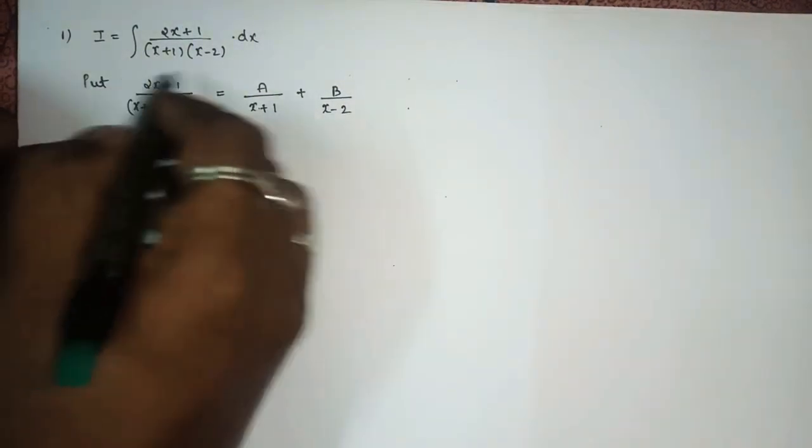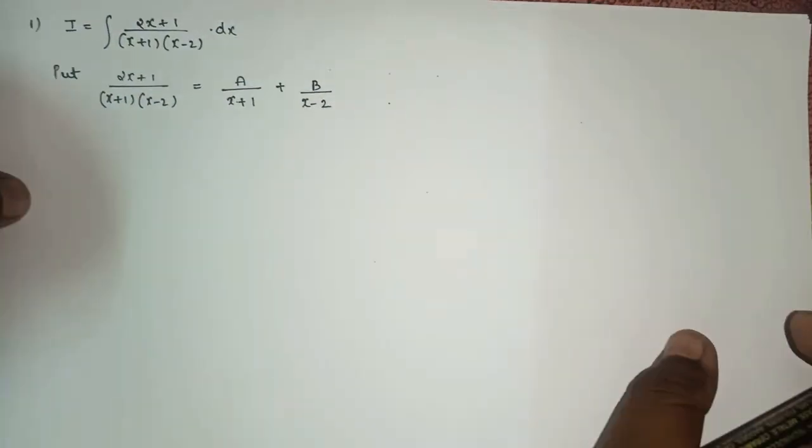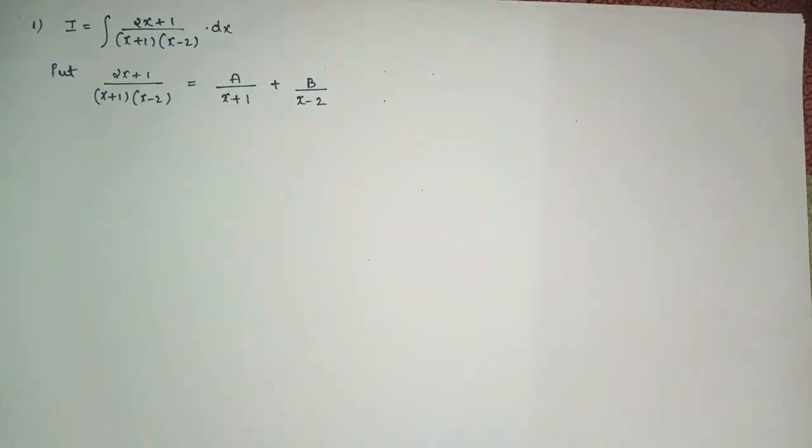Now we'll solve this section. We'll compare the left hand side and right hand side coefficients, where you will get the values of A and B. Now let's see how to find the values of A and B.